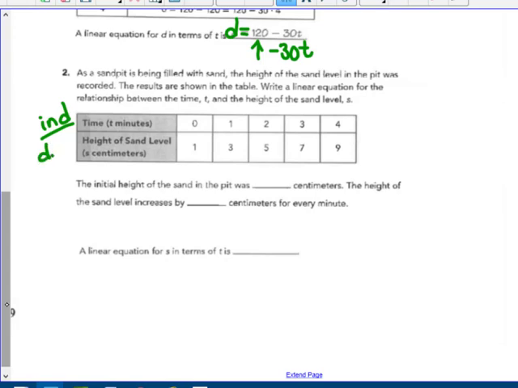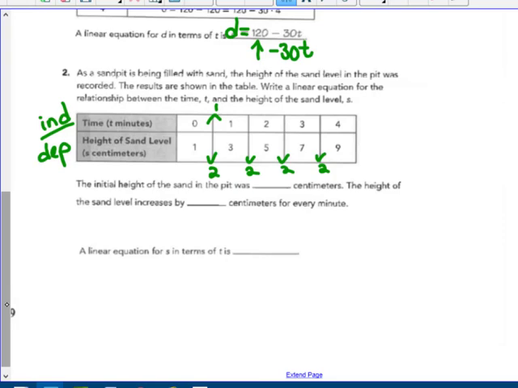So the dependent variable is the height of the sand. And every second that it goes up, is the height constant? It's going up by 2, going up by 2, going up by 2, going up by 2. Yes, every minute has an increase of 2 centimeters.